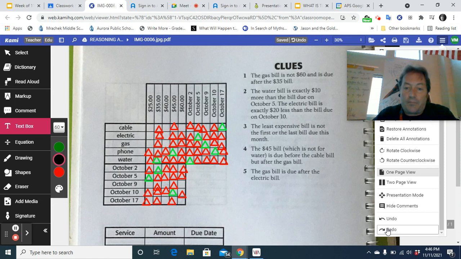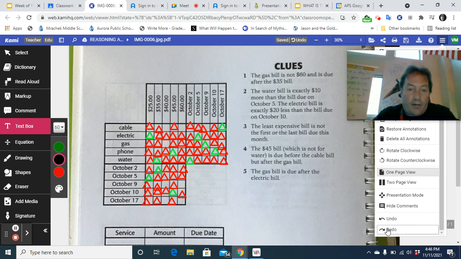So it's $10 more than the one due on the 5th. Now we know it's not the gas bill because the gas bill is after that water bill. So we can fill that in, and then we must know that the electric bill is $25 because of that. We go and fill that in.